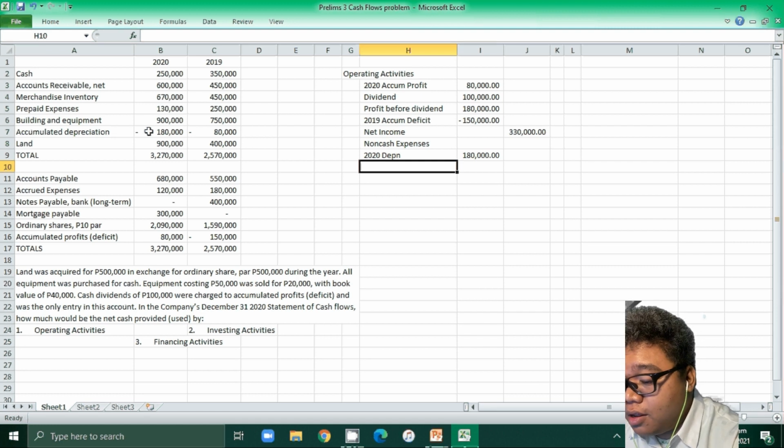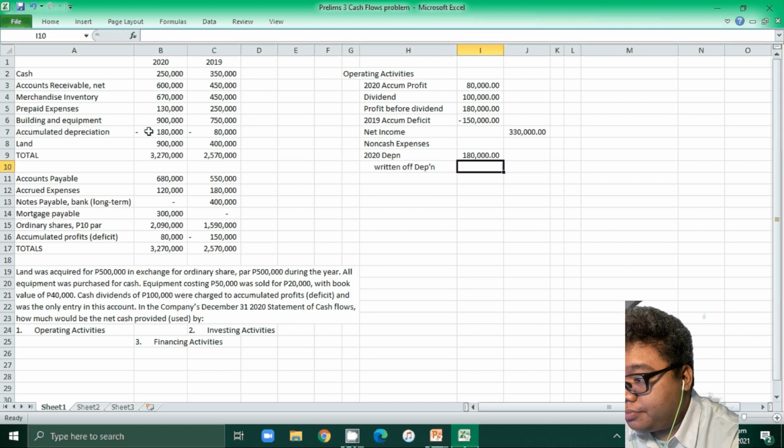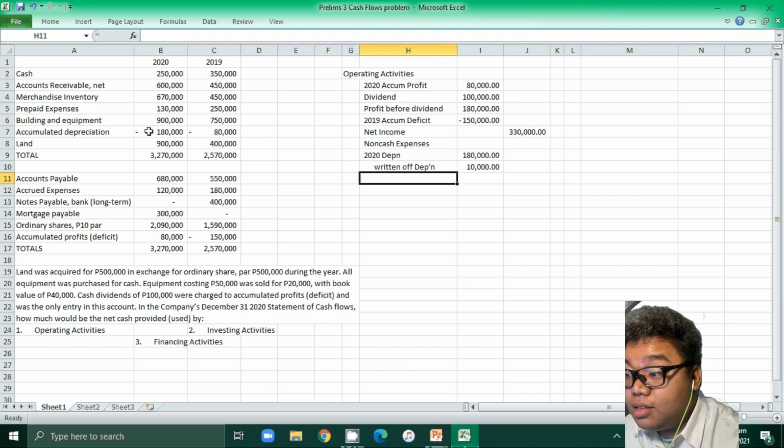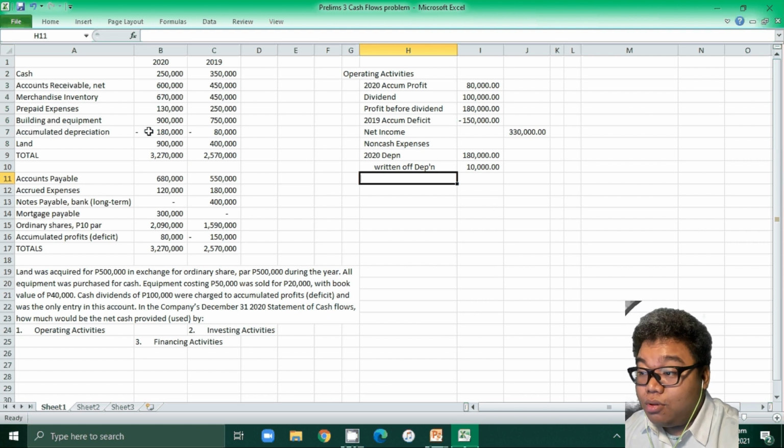So therefore, the written off depreciation is how much? 50,000 minus 40,000, so we have 10,000. We had a write-off of depreciation there amounting to 10,000.